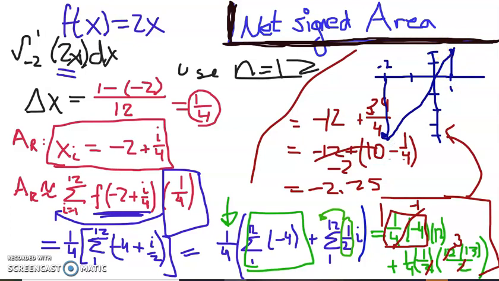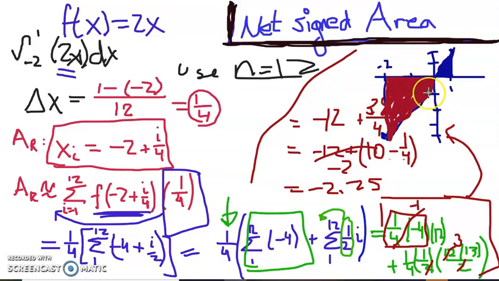Okay, so our area is this part here, and then this part here is all negative, because it's below the x-axis.